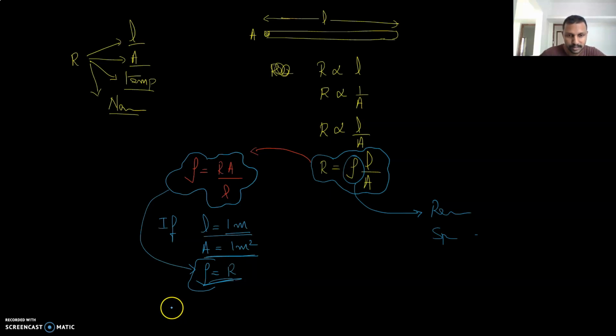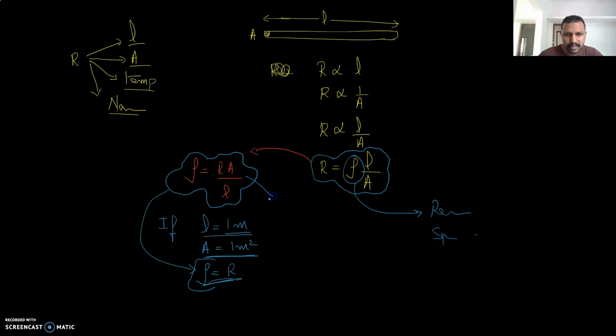Let's assume that this is a copper wire. What is the resistivity of this copper wire? It will be the resistance of this copper wire if we take it as unit length and unit area of cross section. That's why we write it as specific resistance or resistivity.